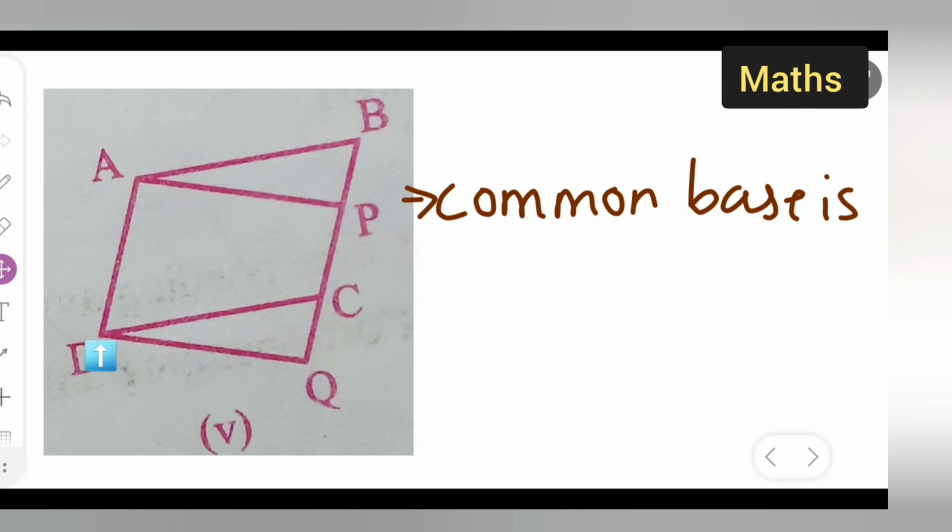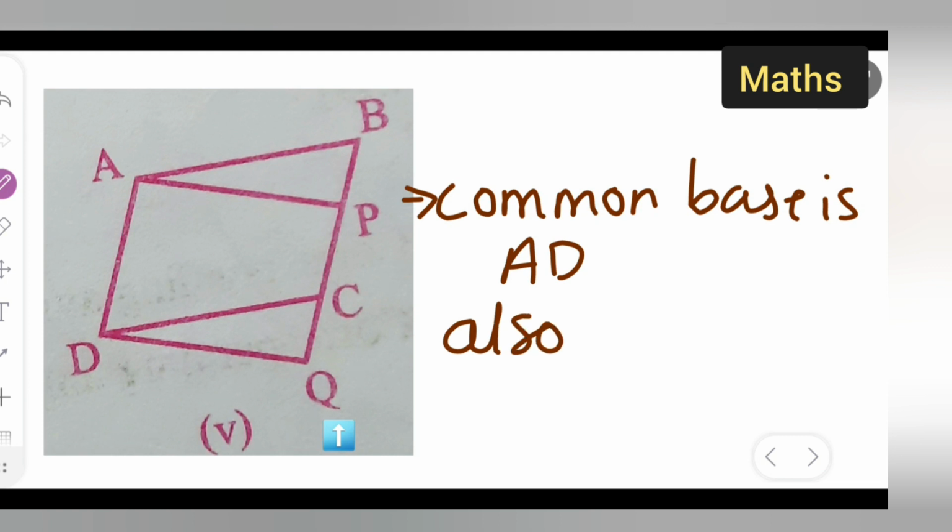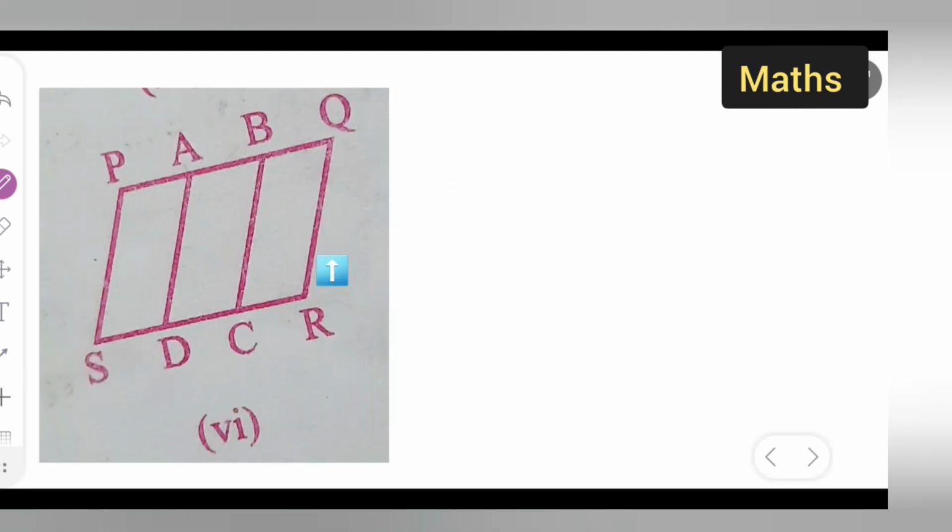So obviously AD and BQ are parallel. Common base is AD. Also, AD is parallel to BQ, right?